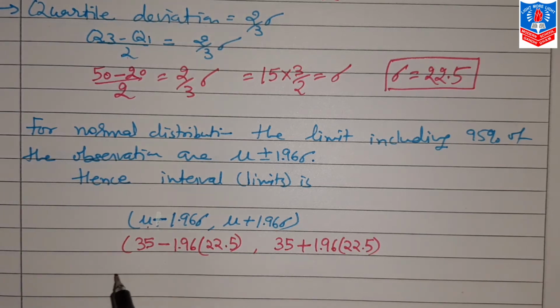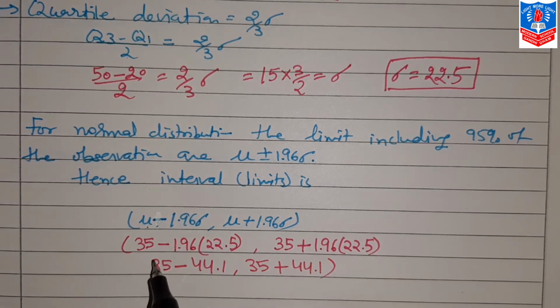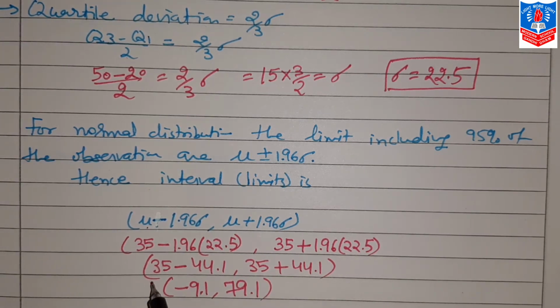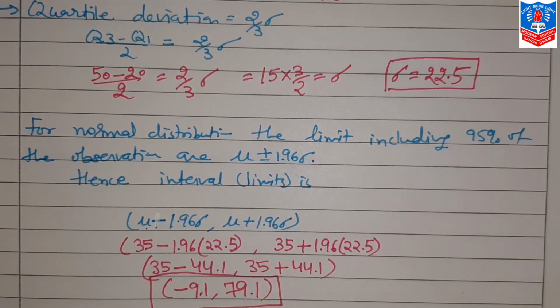So what we get is 35 minus 44.1 and 35 plus 44.1. Finally, when we subtract, this is minus 9.1, and 35 plus 44.1 is 79.1. So this is your final answer: the limits within which 95% of the observations of the distribution lie are minus 9.1 to 79.1.